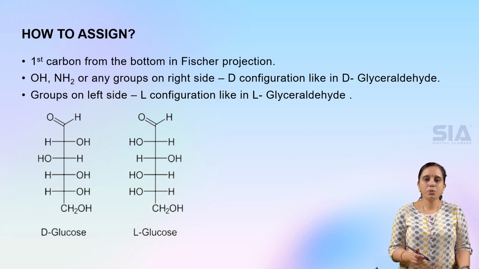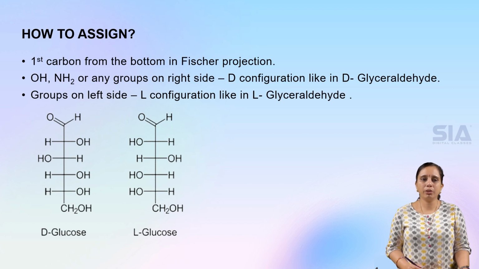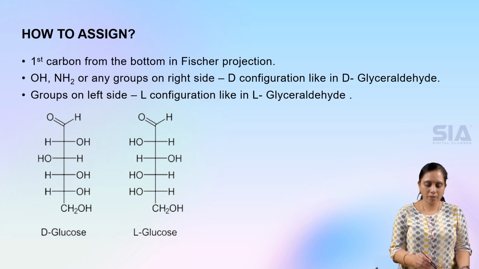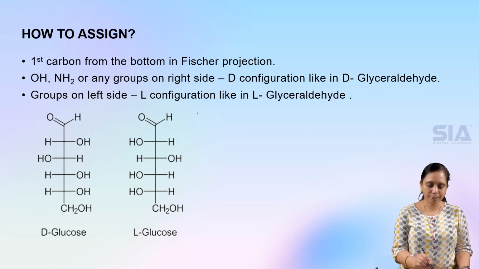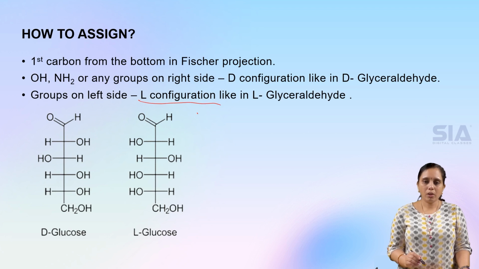Similarly, if the group is present on the left side of the molecule, then L configuration is given, because in L glyceraldehyde, the hydroxy group is present on the left side.